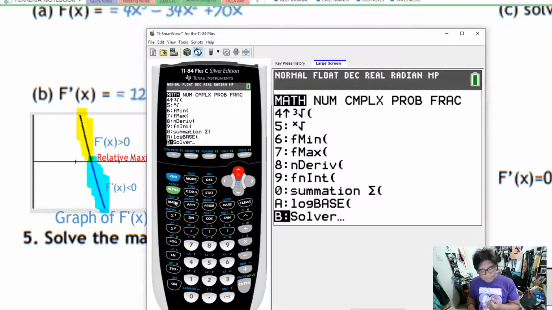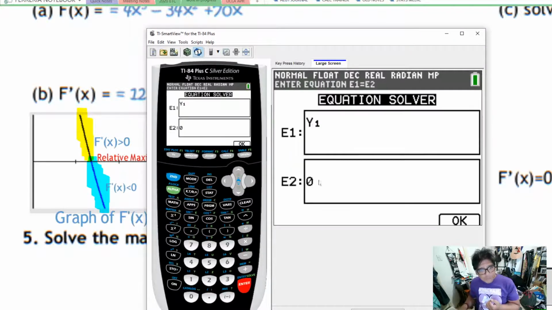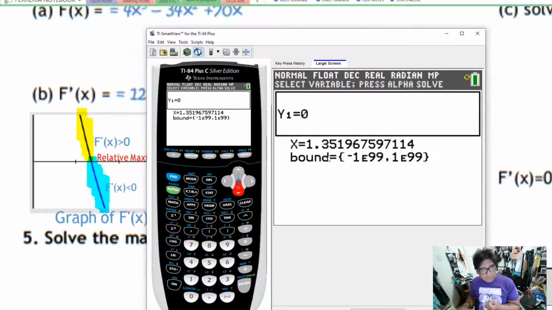In E2, we want to set the derivative y1 equal to 0. So basically, these two boxes say y1 equals 0. Then I'm going to hit OK, or just use the down arrow.